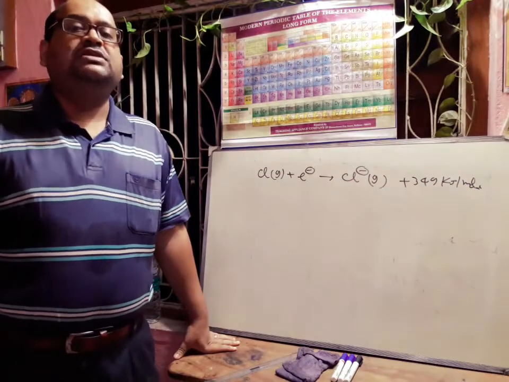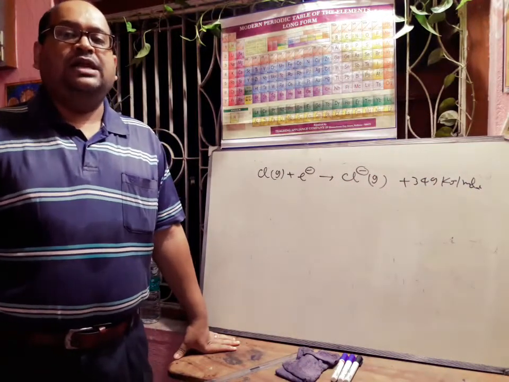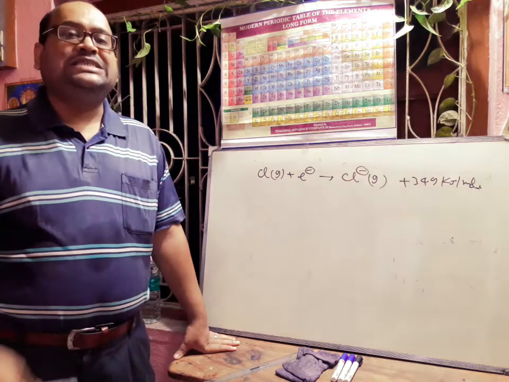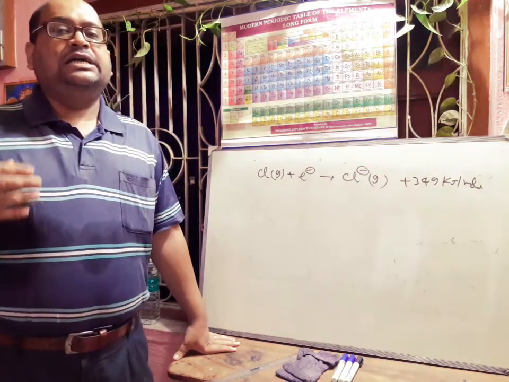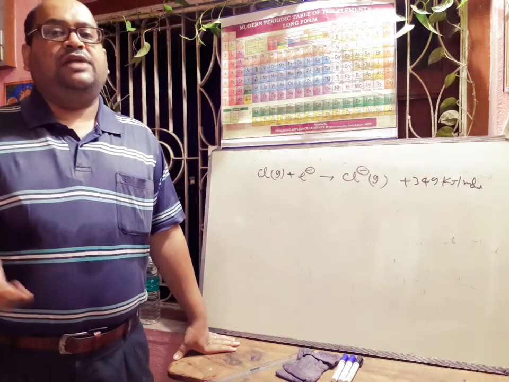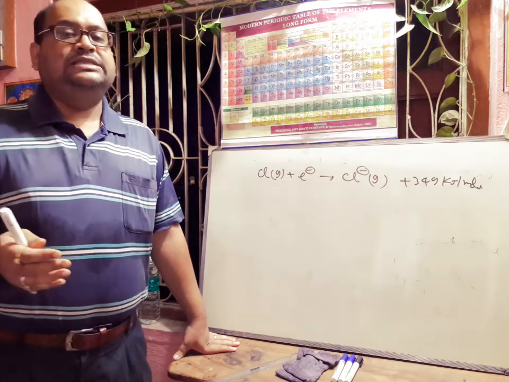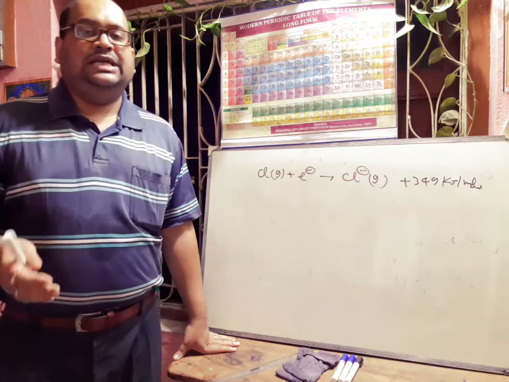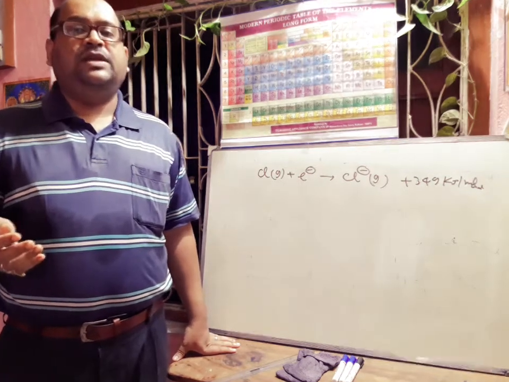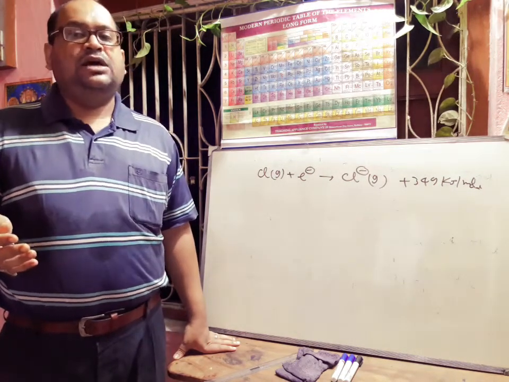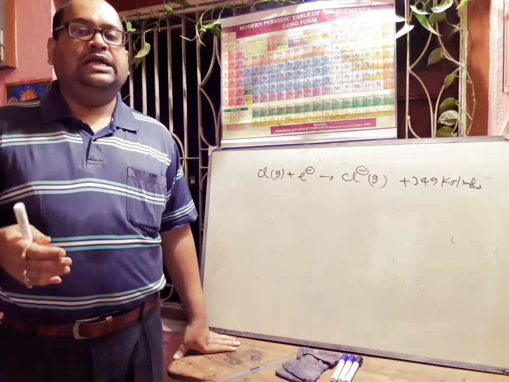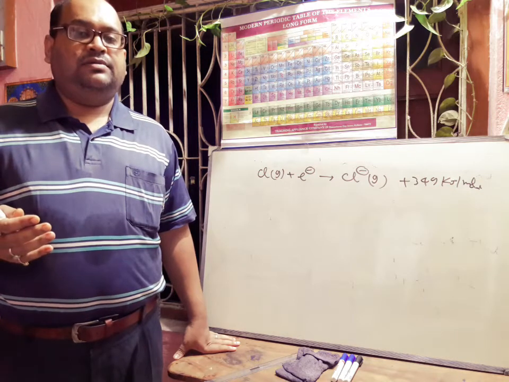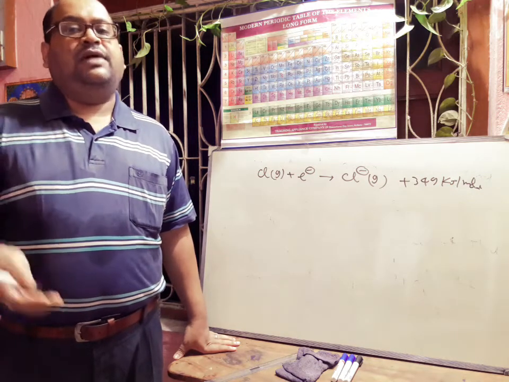Now the factors on which the electron affinity or electron gain enthalpy depends. First one is the size of the atom. The smaller the size of an atom, the greater is the electron gain enthalpy or electron affinity. Second is the magnitude of the nuclear charge. The greater the magnitude of the nuclear charge of an element, the stronger will be the attraction of its nucleus for the electron to be added, and the greater will be the value of the electron affinity.